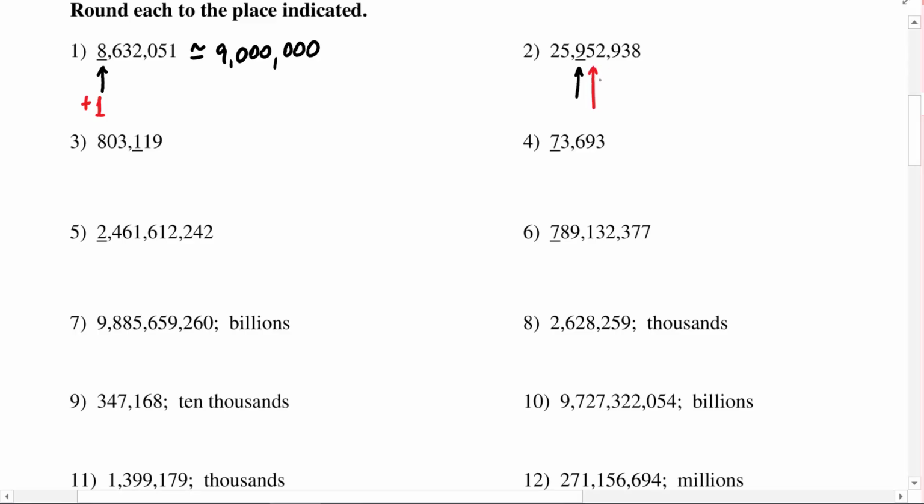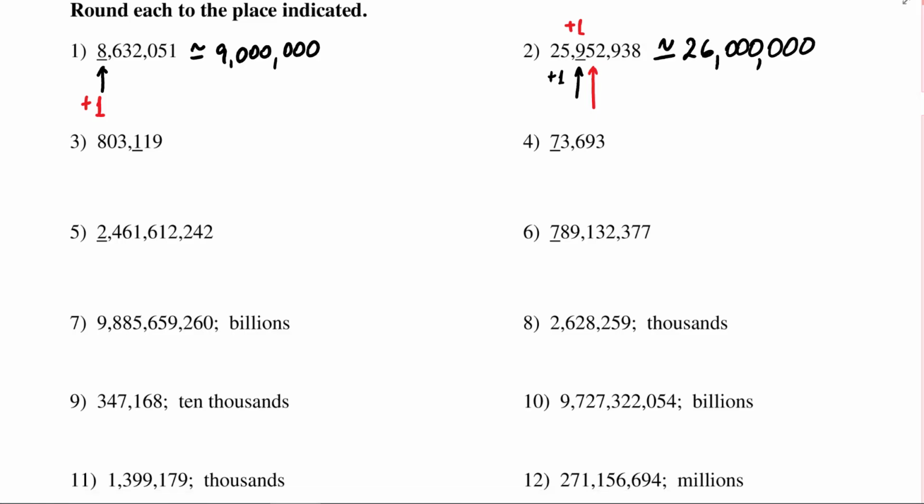If it is 5 or more, then we add 1 to this one. If I add 1 to 9, it's going to be 10, so I will have to add a 1 to the 5 as well. So it's going to be 26 million.